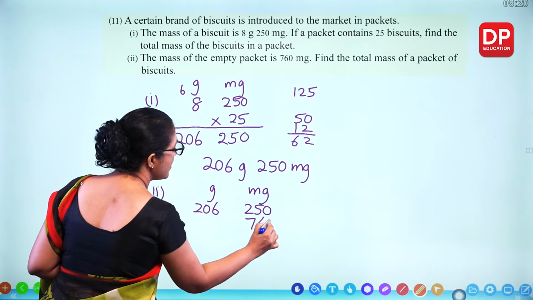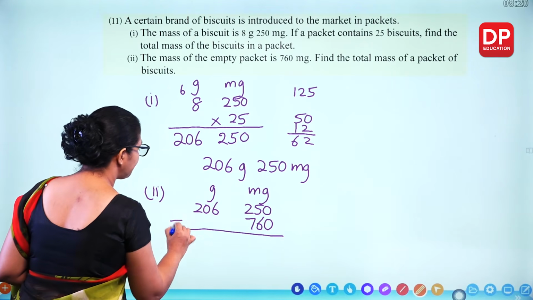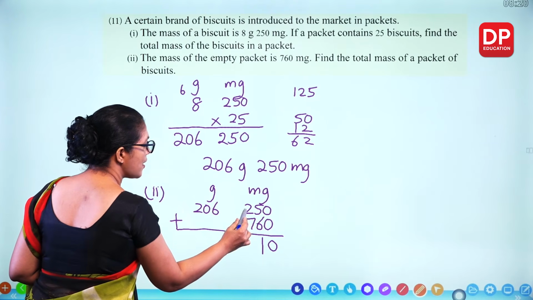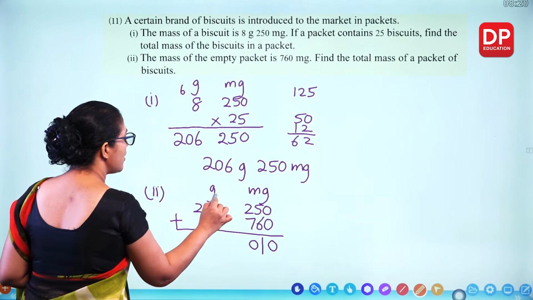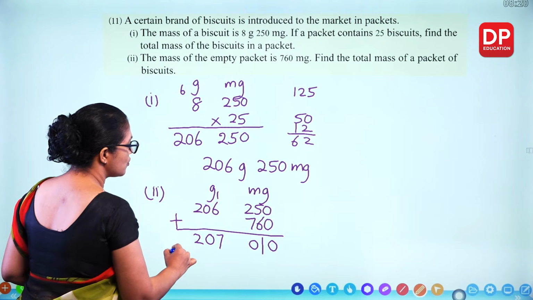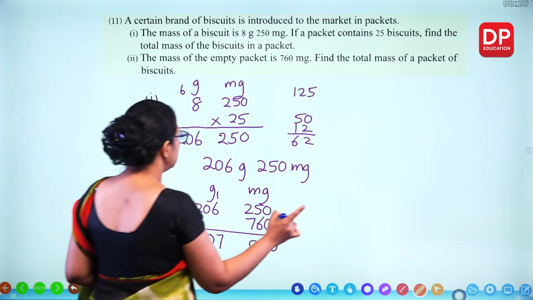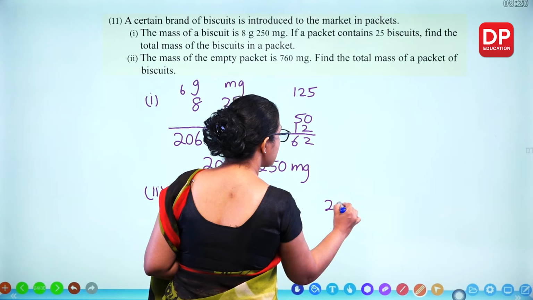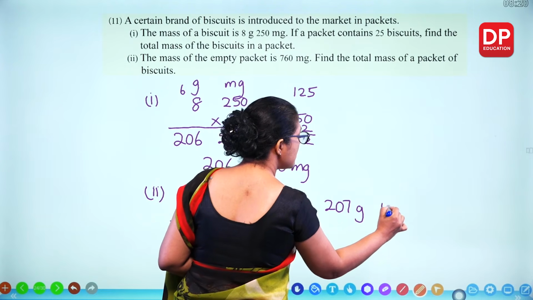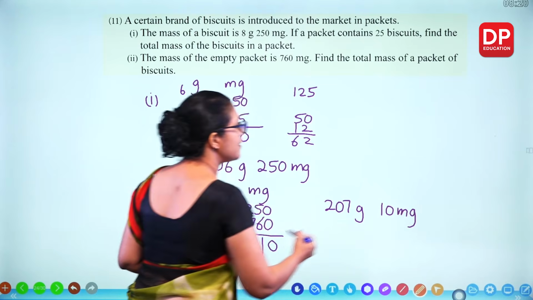Add 760 milligrams to that. 0, 11. 7 plus 2, 9, 10. 1, you take it. So 7, 207. So what's the total mass? 207 grams and 10 milligrams.